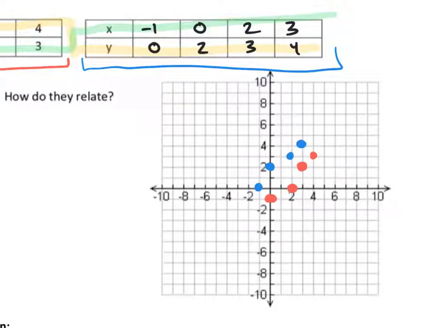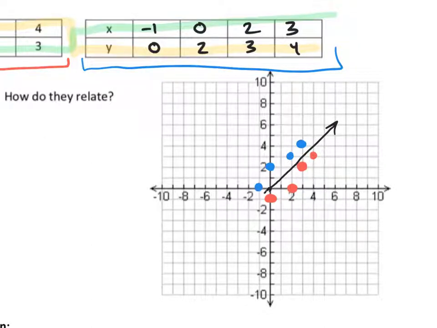What you might notice is there is a line of symmetry going through here. You can see this line moving back and forth. That's the reflection line, and that line's equation is actually y equals x.